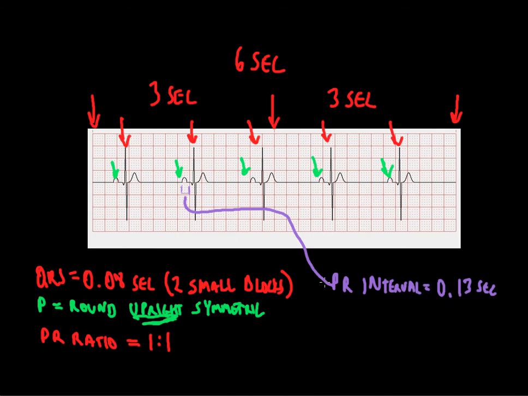Last thing I want to do is measure my R to R interval. So R to R interval, one way that I can do it, and I'll use that for this purpose, is to go ahead and count blocks. And we'll do that here in kind of a weird orange color. So if I count blocks, I'm just going to go by large blocks for now. I've got 1, 2, 3, 4, 5.5. So this is 5.5 large blocks.